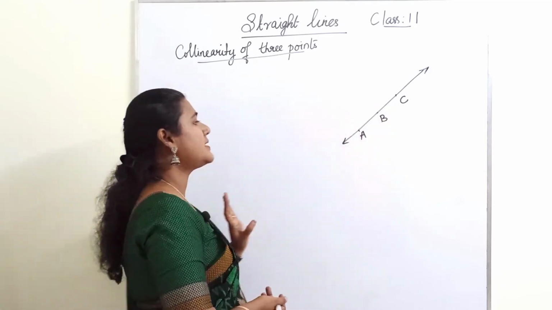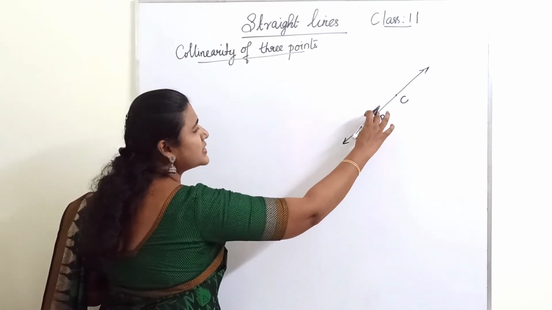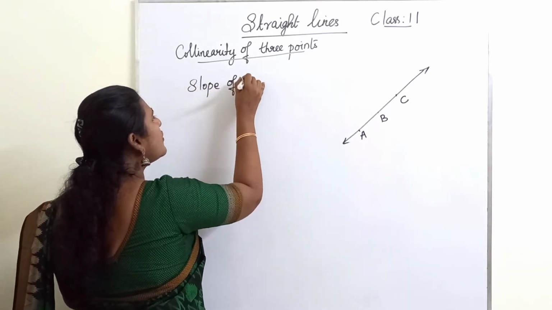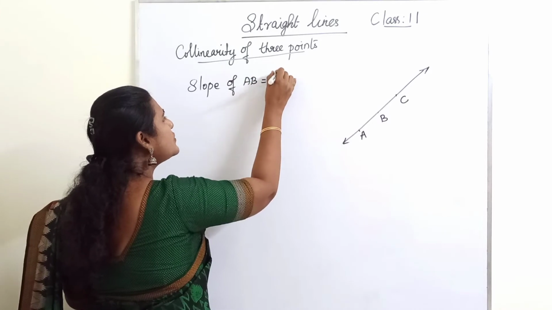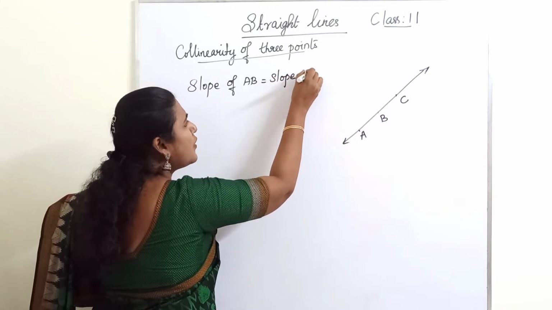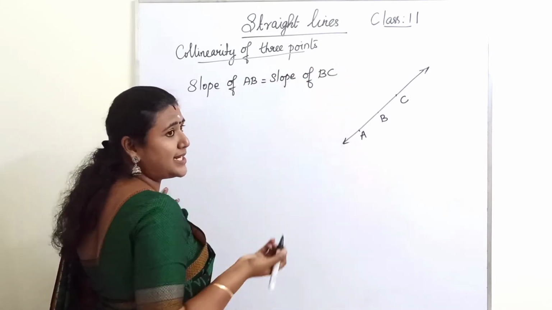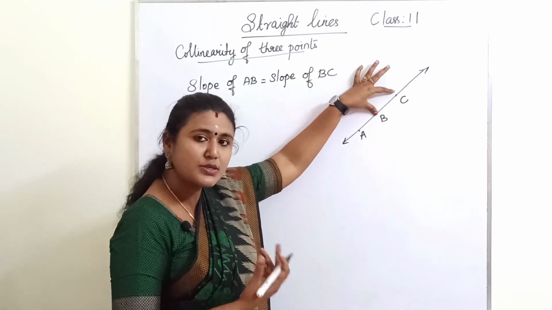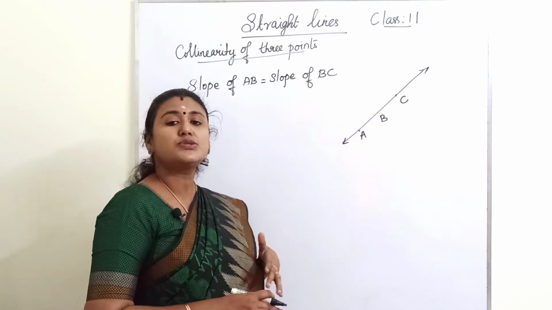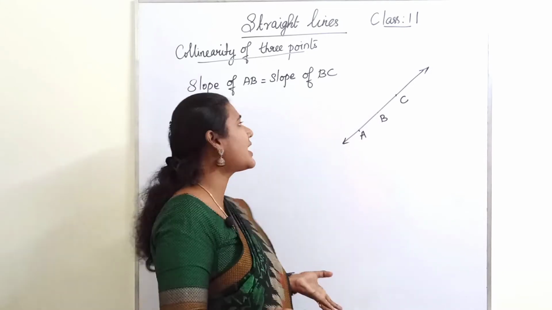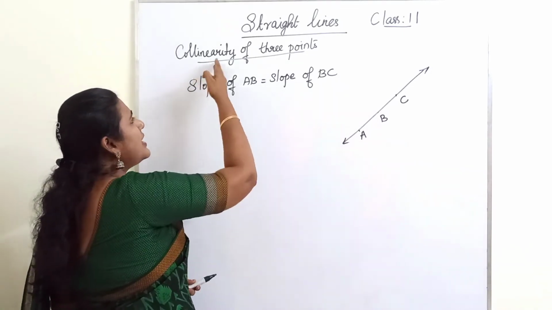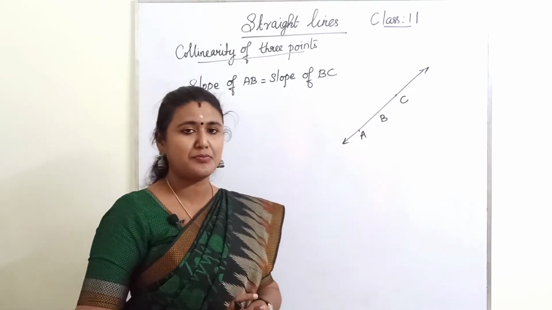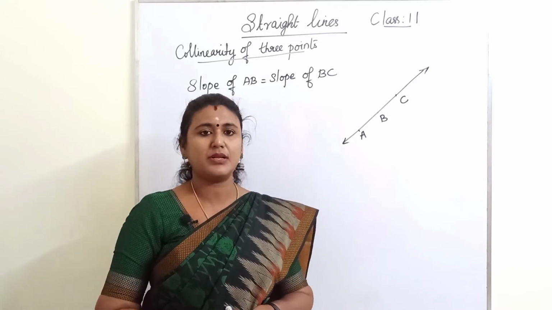So the condition is: slope of AB is equal to slope of BC. Why are these two slopes equal? Because both represent the same straight line. AB represents this straight line and BC is also a part of the same straight line, so the slope will be the same. So the condition for checking the collinearity of 3 points is slope of AB equals slope of BC. Now we will see one example question.